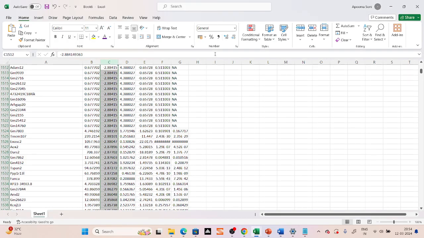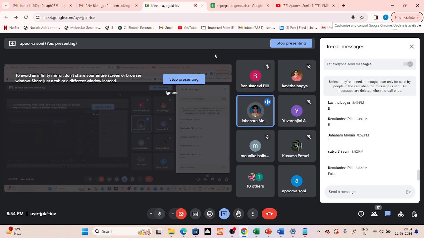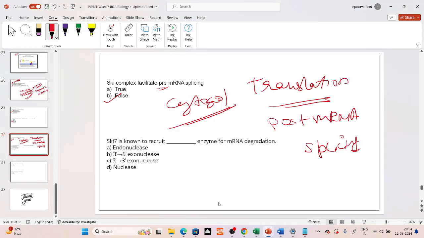Ma'am, it facilitates pre-tRNA splicing. Pre-tRNA, I think you have to go through and see, because up till now we have mostly focused on pre-mRNA.